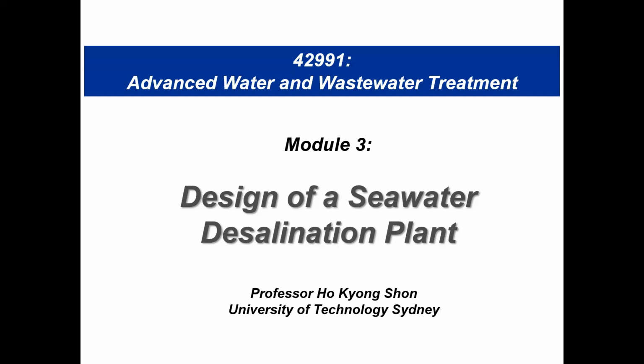Based on the scenario, you are already very familiar with it because of assignments 1 and 2. Now it's assignment 3. The first question is how to make your seawater desalination process for Sydney seawater. So you need to decide what kind of process we have to utilize.